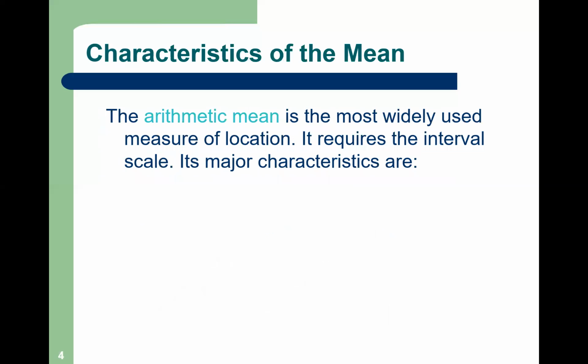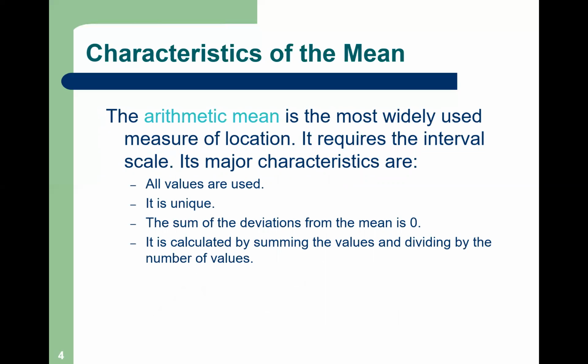So the first and common measure of central tendency is the mean, commonly known as average, and in statistics we call it the arithmetic mean. The major characteristics of mean are: while calculating a mean, we use all the values in the data set.